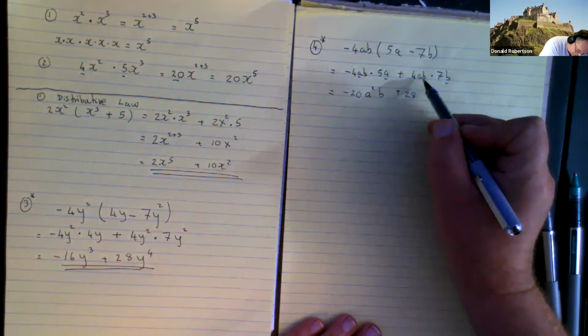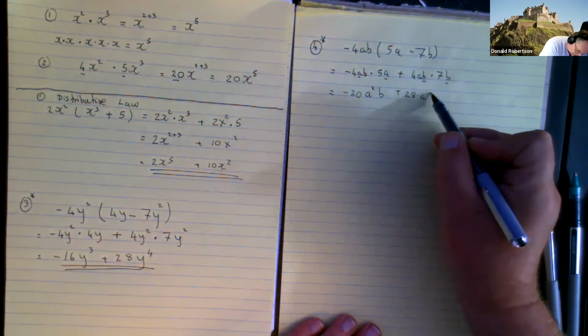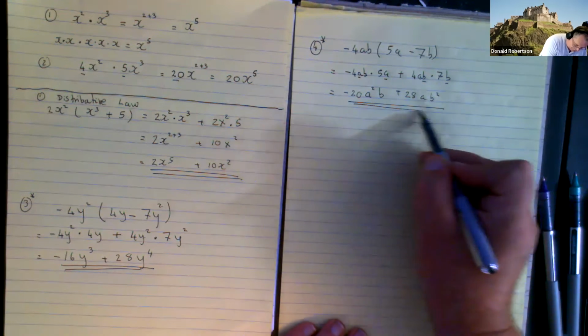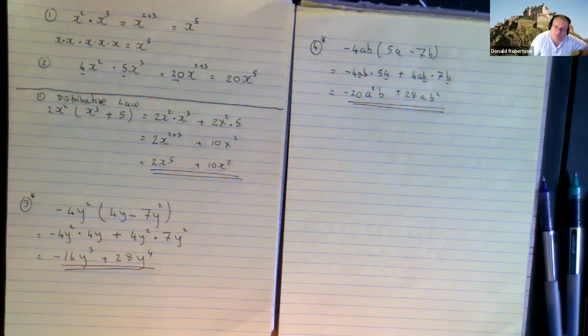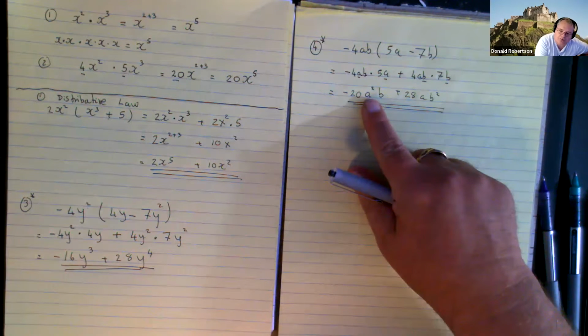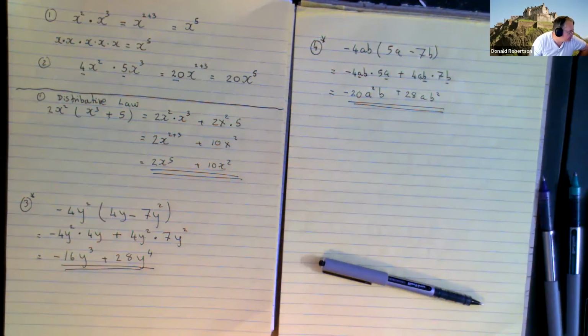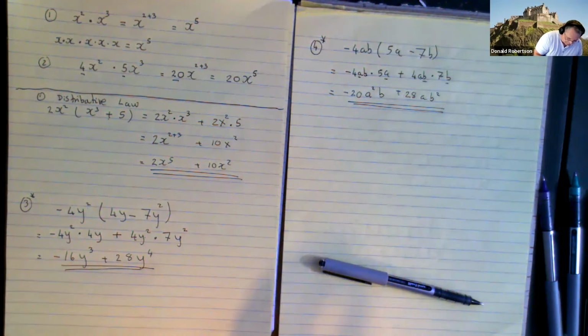So when you combine these all together, you get a single a and a b squared. And those two, although they look similar, you can't combine them because they're not identical. This has an a squared b, this has an ab squared. They are not allowed to be combined because they do not contain exactly the same combinations of powers of a and b.